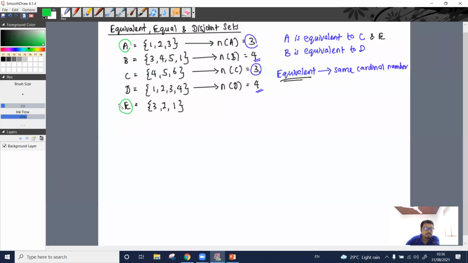The same elements are there in set E as well, 3, 2, and 1. If the cardinal number and the elements are the same, then those are known as equal sets. Therefore, set A is equal to set E.